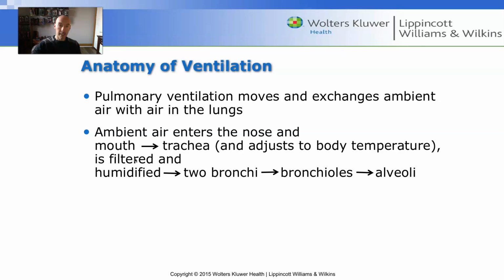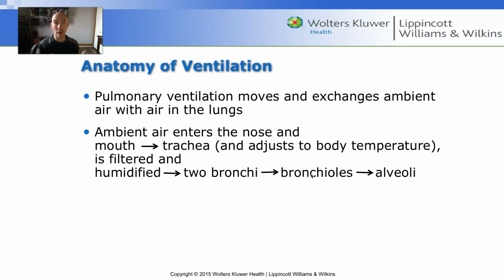And then it enters into the lungs, going down the bronchi. So we have two main bronchi that split into the 2 lungs, right? And then ultimately in the lungs, the air goes into what are known as the alveoli, which are like the individual air sacs. It is in these air sacs that oxygen is transferred from the lungs into the blood, at which point oxygen is delivered to the tissues.